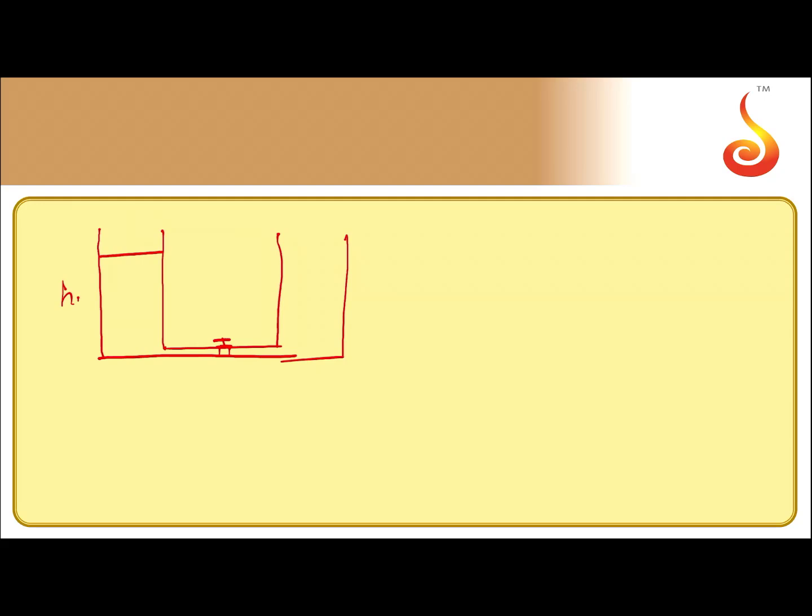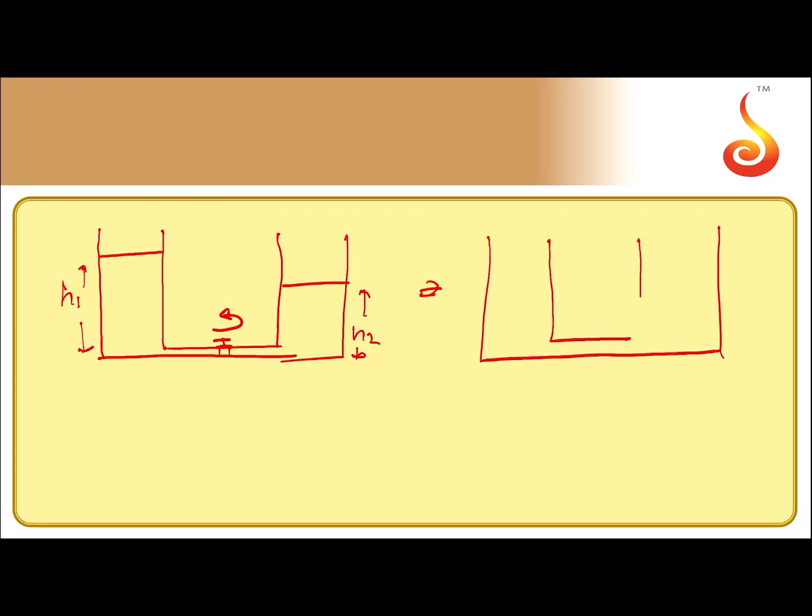One of them contains a liquid up to height h1 and the other contains a liquid up to height h2, and the stopcock is opened and the levels become the same. This is the final level H upon opening. Now the question is, what is the work done by gravity?